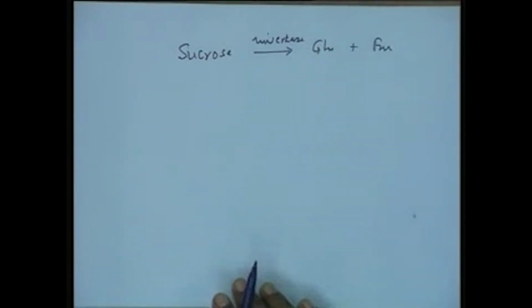And many of the kinetic analyses in the early stages, and when I say early stages, I am referring to the late 18th century, early 19th century, when people tried to understand the kinetic behavior.